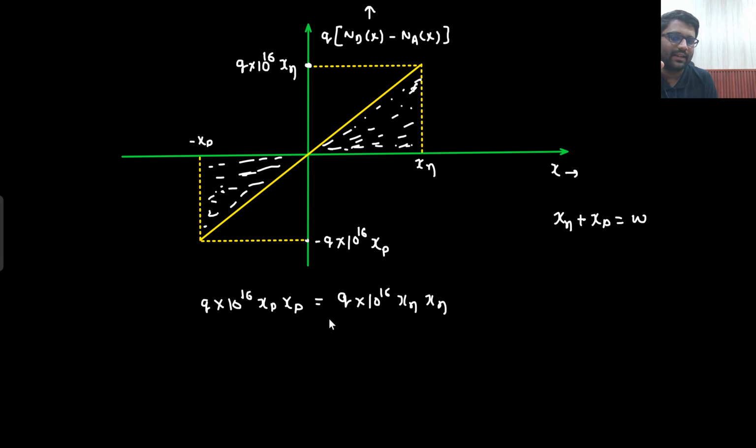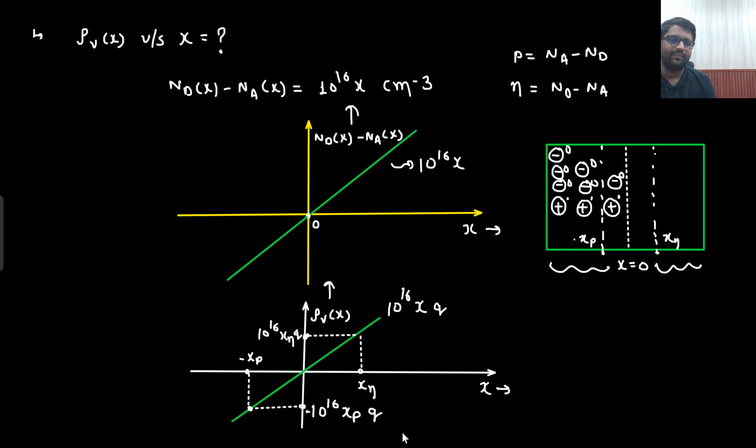So q into 10 to the power 16 gets cancelled. From here you get to know that xn is equal to xp. That means xn will be W by 2 and xp would also be W by 2. So this portion has half the width and this portion has the other half, which is pretty obvious as well, because of the doping profile.